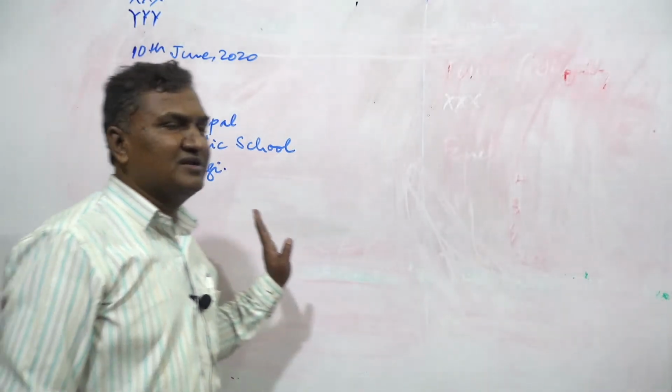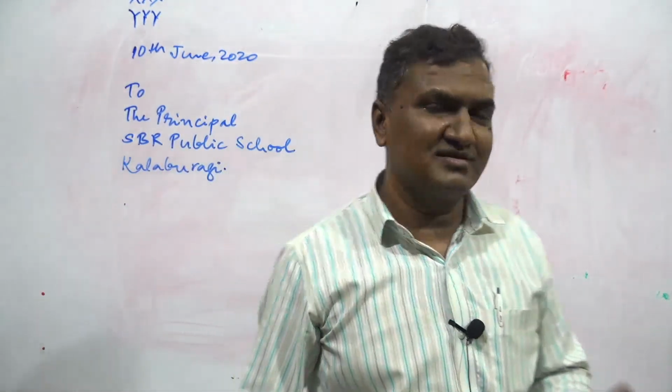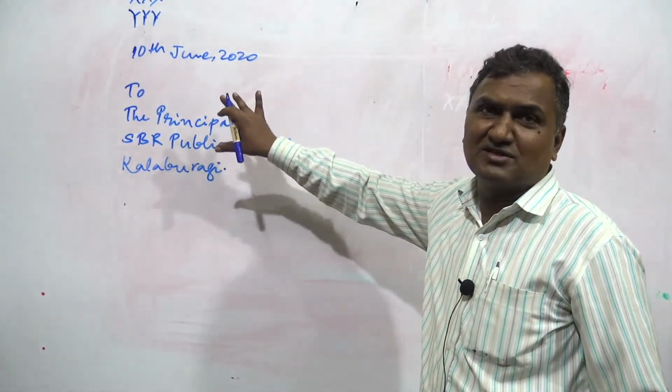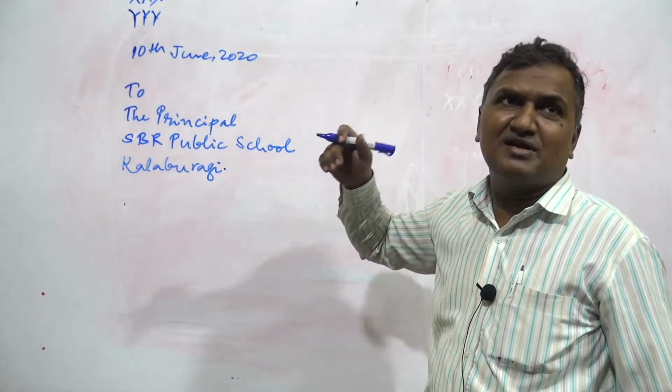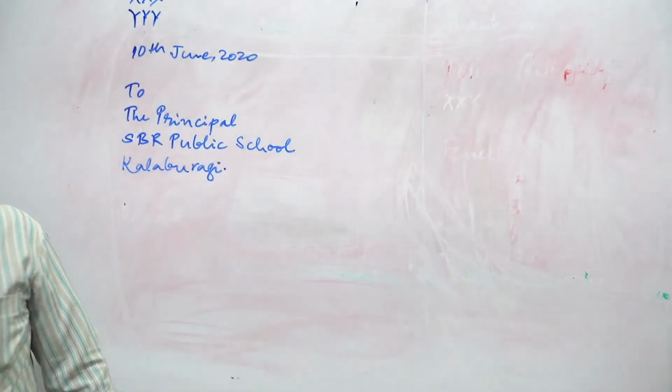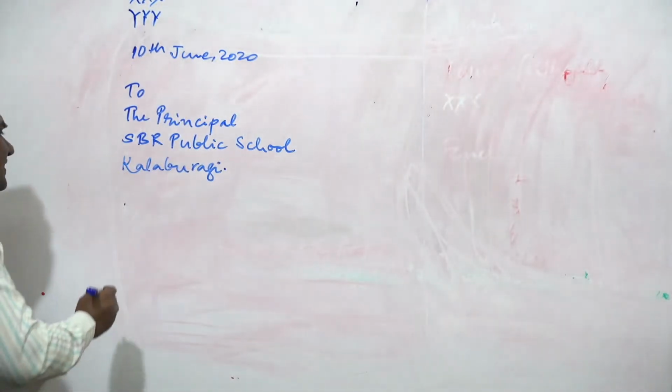Don't worry about this name Kalaburgi. Should we write Kalaburgi there, sir? You might say. This part will be given in the question, in the advertisement under the question paper. Okay, Kalaburgi. Leave the space.